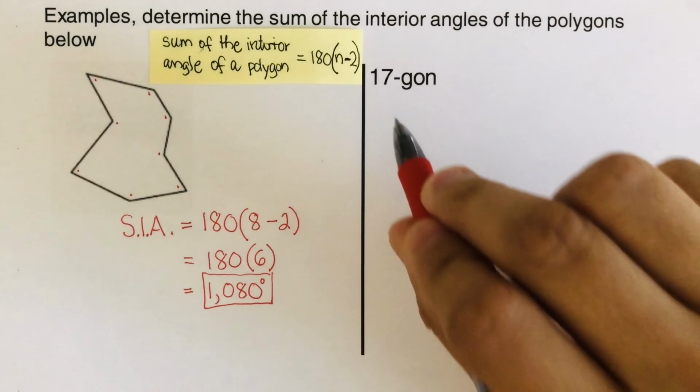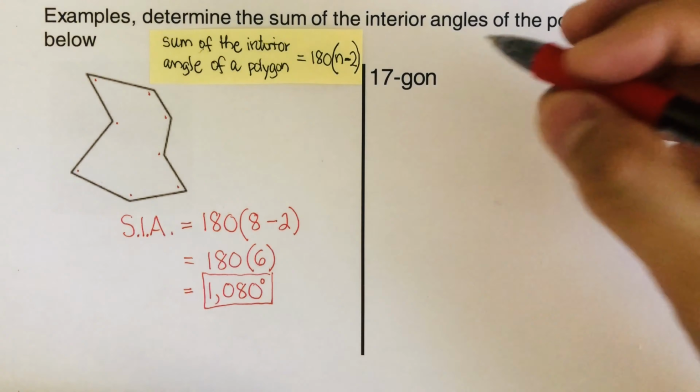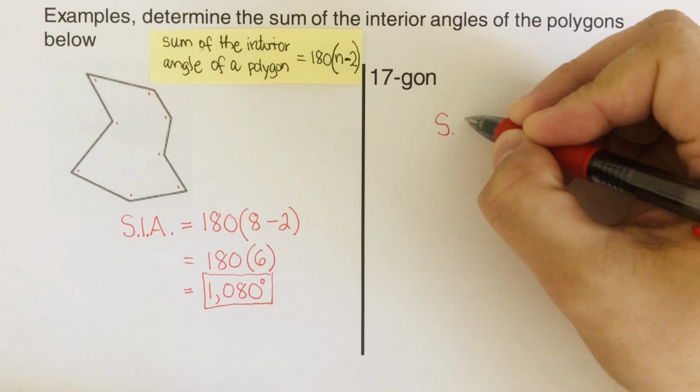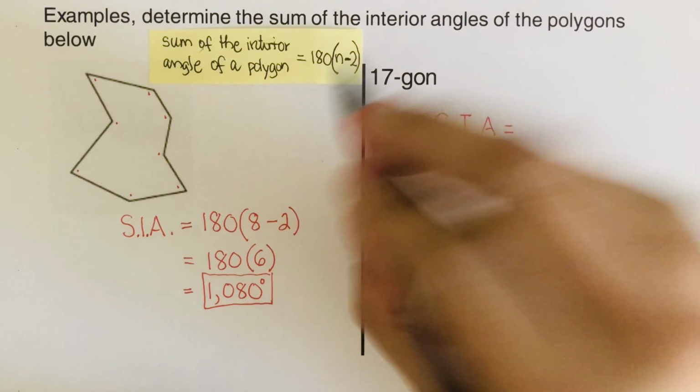Okay, so we have a 17-gon. As I mentioned at the beginning, anything that has more than 10 sides, we call by the number of sides followed by gon. Here there are 17 sides, so we call this a 17-gon. Pretty much the same thing as before. The sum of the interior angles of a polygon is this formula right here.